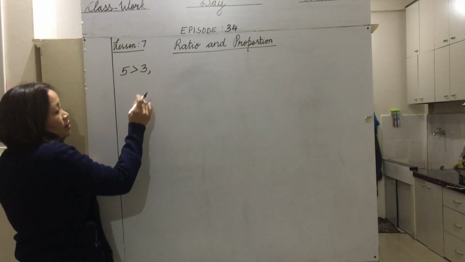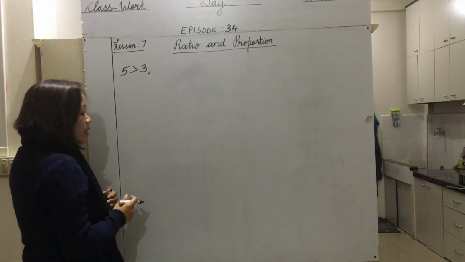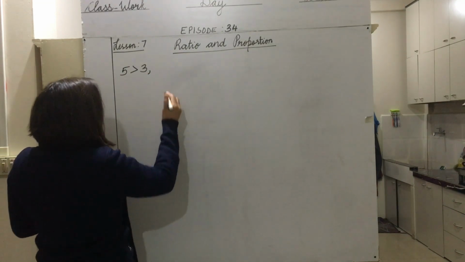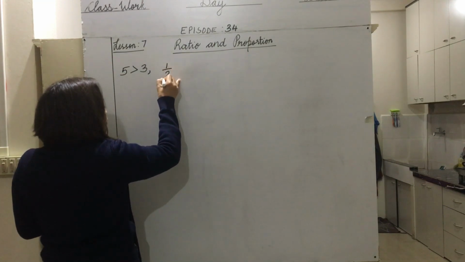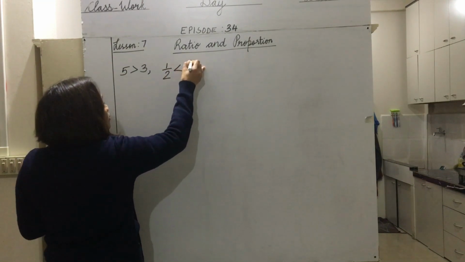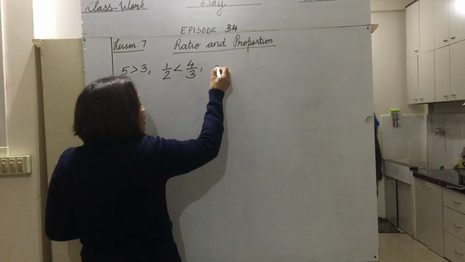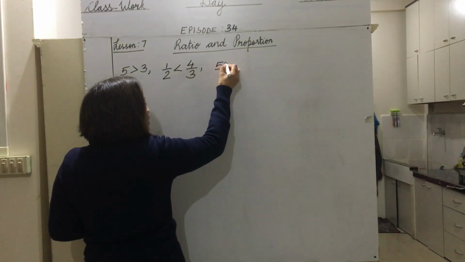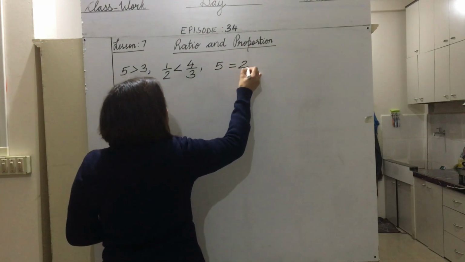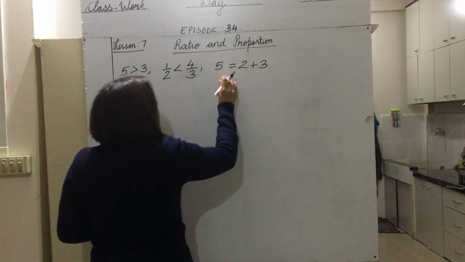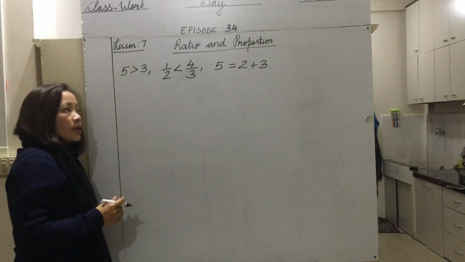And what is another symbol we use for comparing numbers? For example, 1 by 2 is smaller than 4 by 3. And sometimes we write 5 is equal to 2 plus 3. We use different symbols to compare numbers.